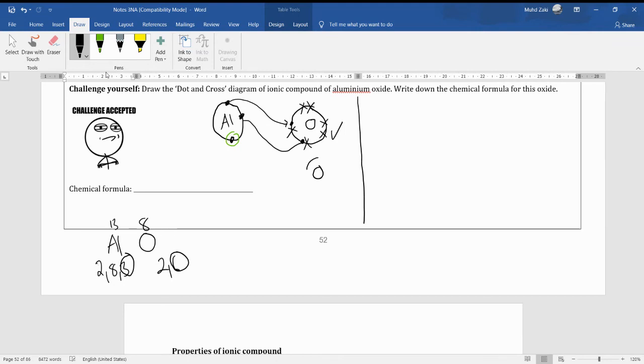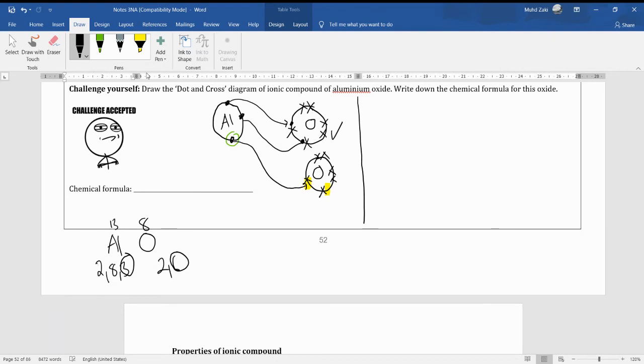So you add another oxygen. Remember, oxygen always has 2 empty spaces here. What does this aluminium electron need to do? Just transfer 1 here. But there is one more electron here.